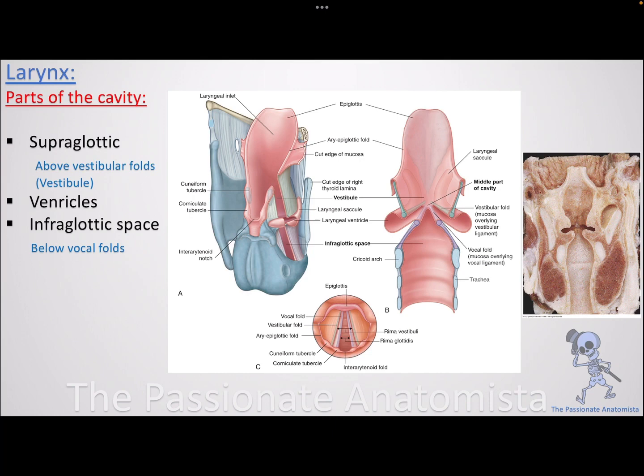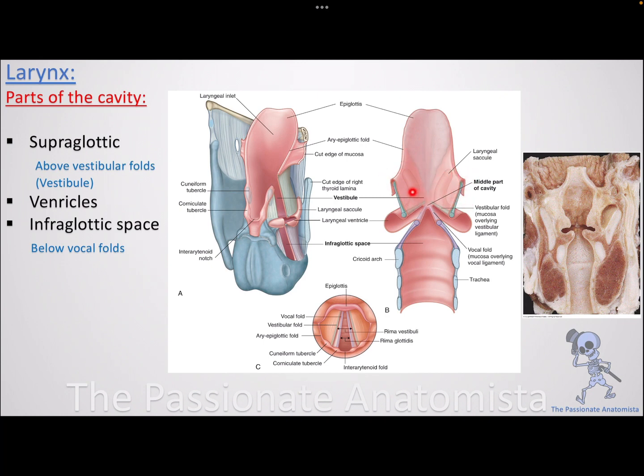All right, back to the laryngeal cavity. As we open the cavity of the larynx, remember we have the folds: vestibular folds up, vocal folds down, and between them the ventricles. Now, why do we call them vestibular folds? Because they lie in the area we call the vestibule. What does vestibule mean? It means the entrance.